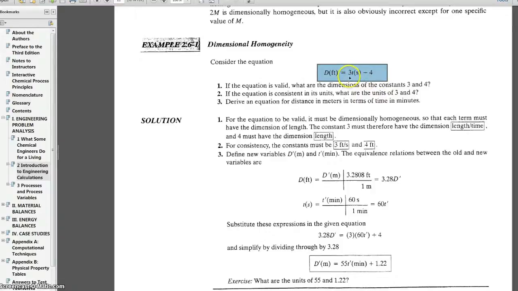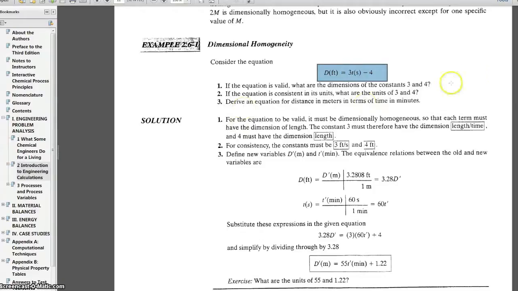For the equation to be homogeneous, meaning the left side and the right side are equal, 3t must be in the concept of length, which is feet here. t is in seconds, so for the constant 3 to be in feet, it must have the dimension of length and time.